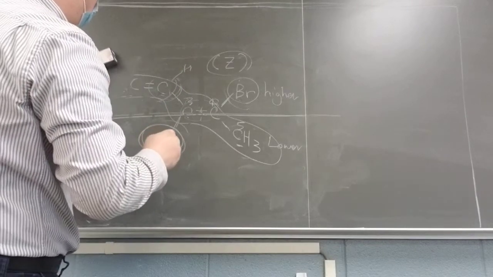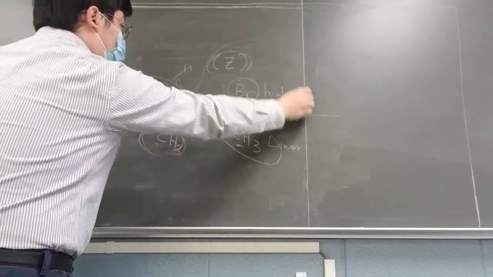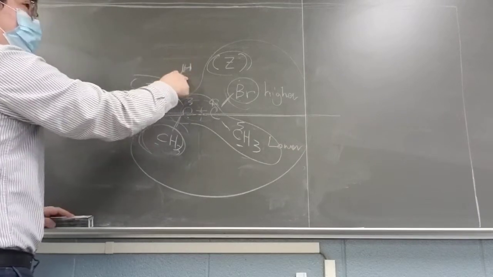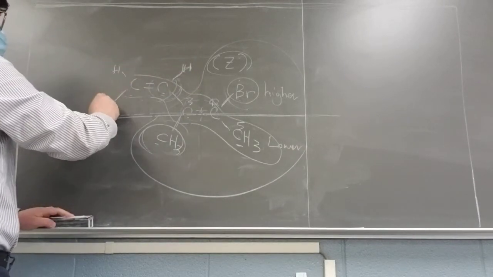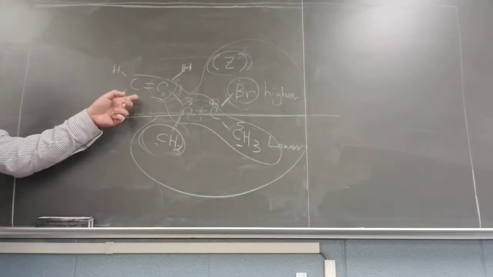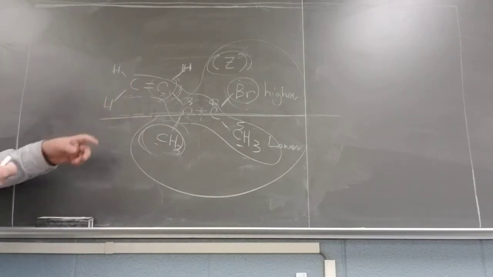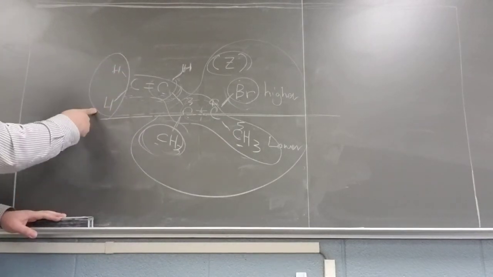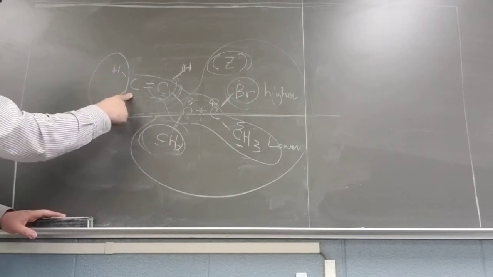So what it looks like here, this is a whole R group, and there's an implied hydrogen. This is a double bond here. This cannot be used for E and Z because you have the same groups on this carbon.